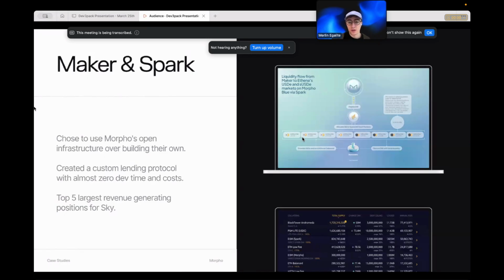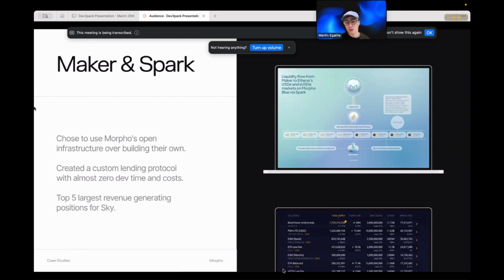So it's a pretty big protocol. And they're deploying DAI into those markets, and they are borrowing those DAIs. I think right now we may have 800 millions of DAI deposited into those markets.